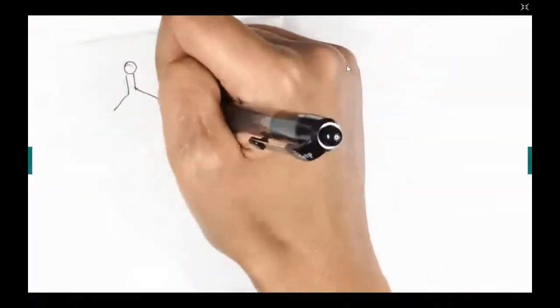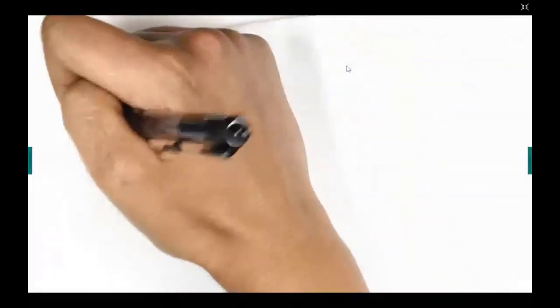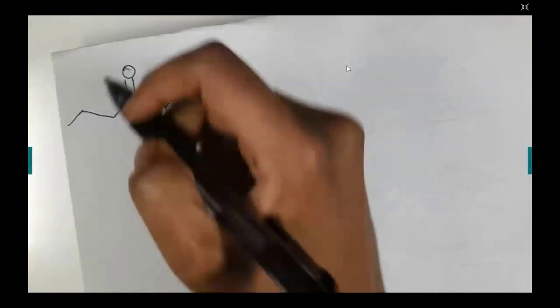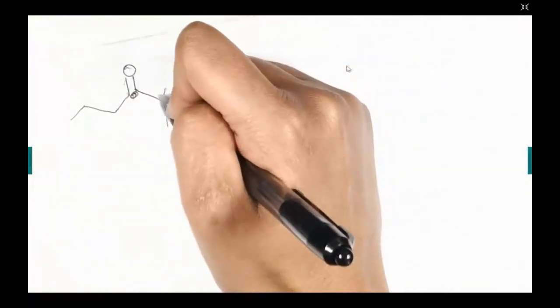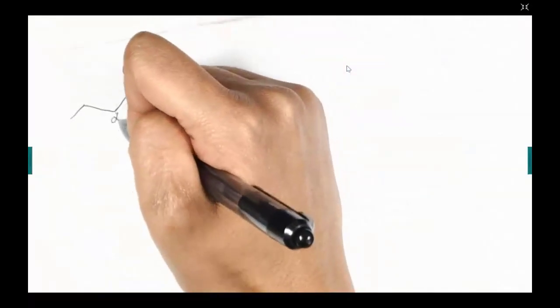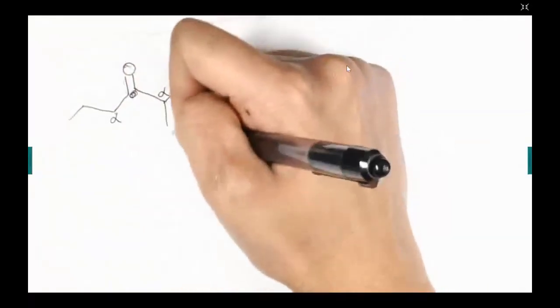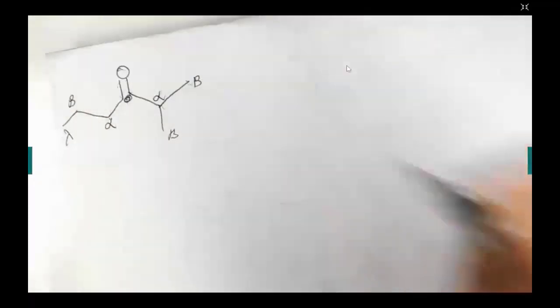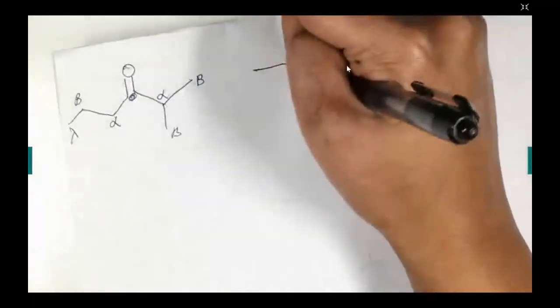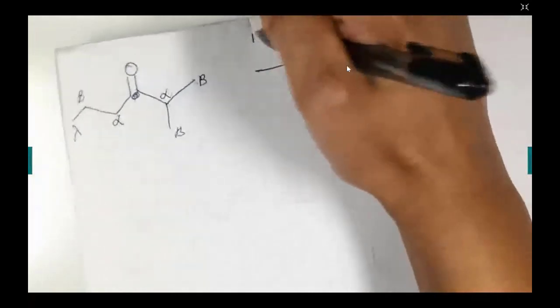Say I have a carbonyl that looks like this. Alpha cleavage we've already talked about. This is our carbonyl carbon, but its neighbor we're going to call alpha. So we've got two alpha carbons, some beta carbons, and one gamma carbon. For the first one, we just need to cut off one of those alpha carbons.